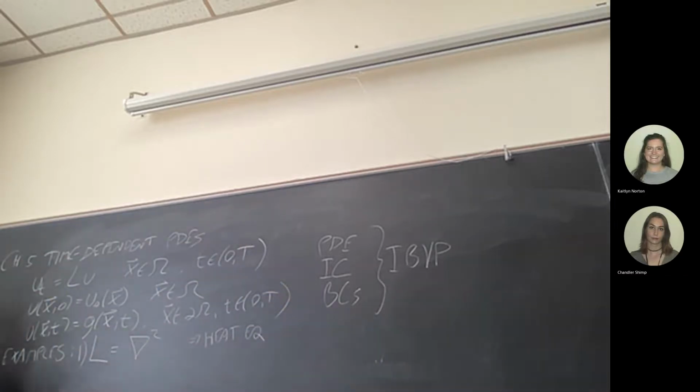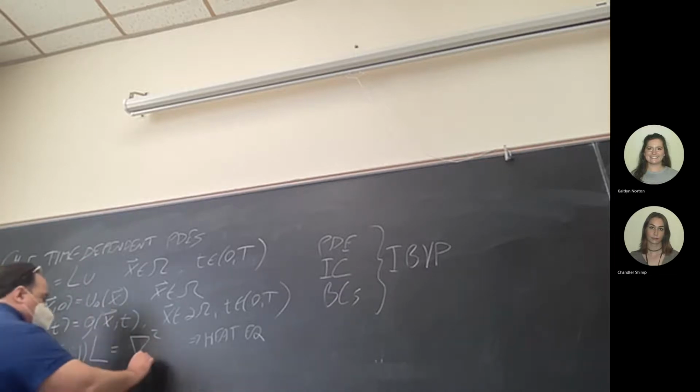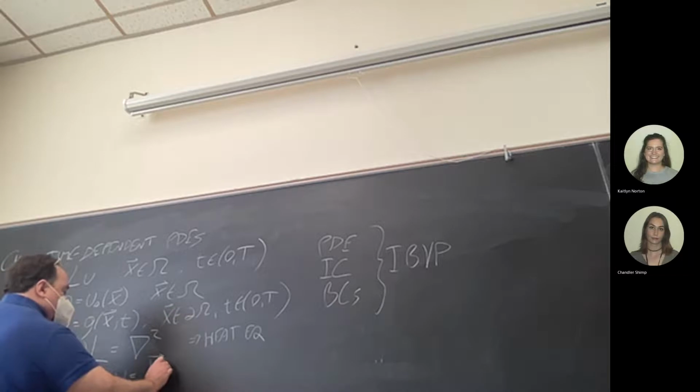But some other examples. Operator L is equal to, or Lu is, some vector b dot product with the gradient of u.